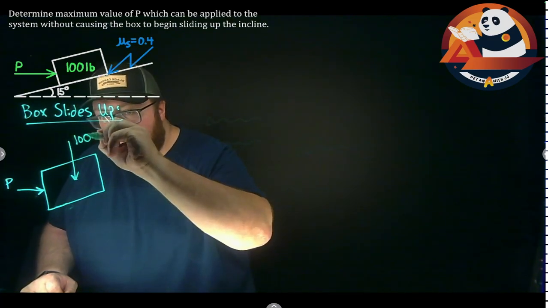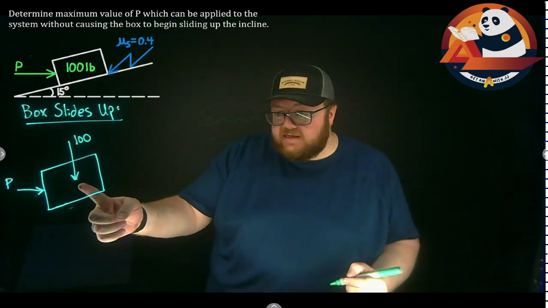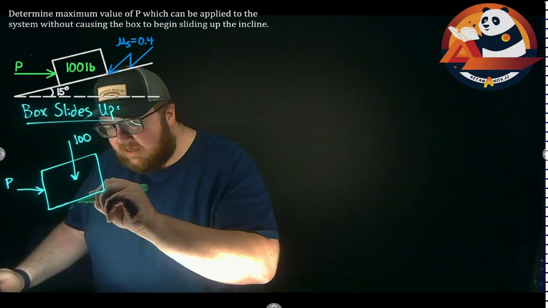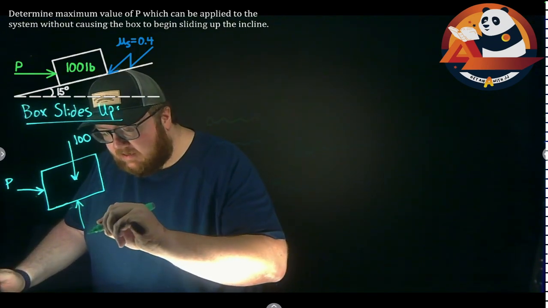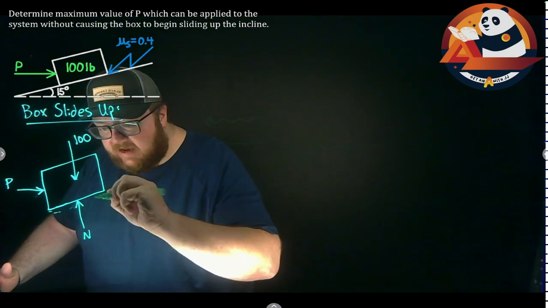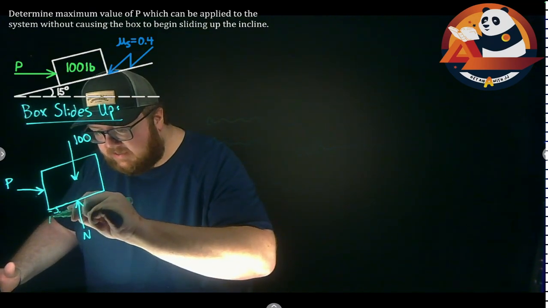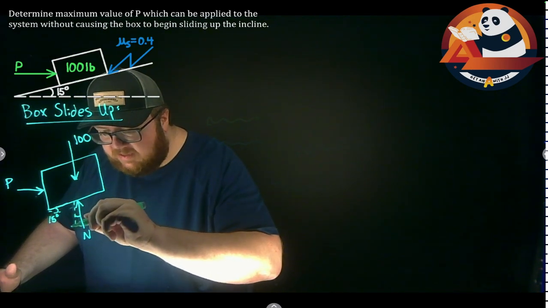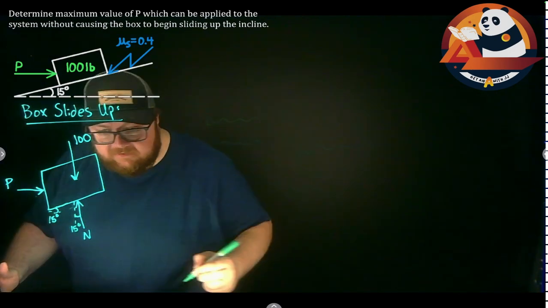So 100. And where it hits the ground, I need to get in a normal force and a friction force. So I'll put an N in here. N acts perpendicular to the ground. So if the ground is inclined at 15 degrees from horizontal, our normal force is then 15 degrees from vertical.